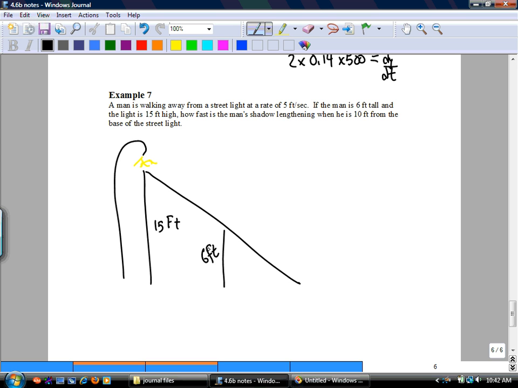Six feet. 10 feet. Can you see all that info there that I pulled out of the question?